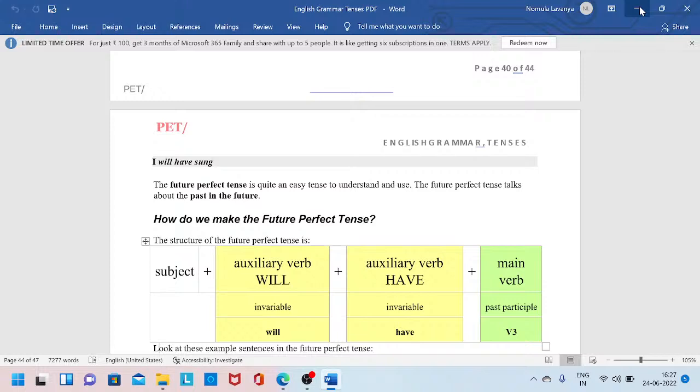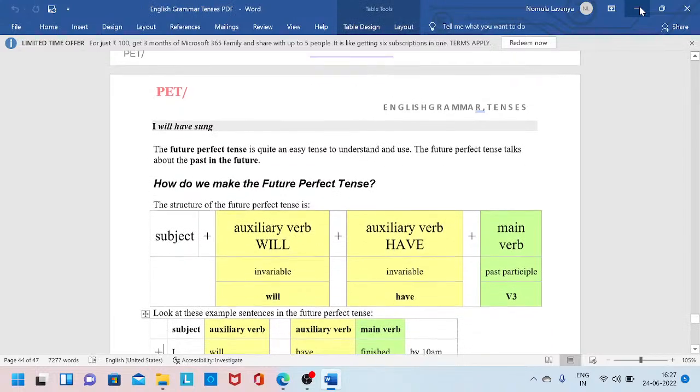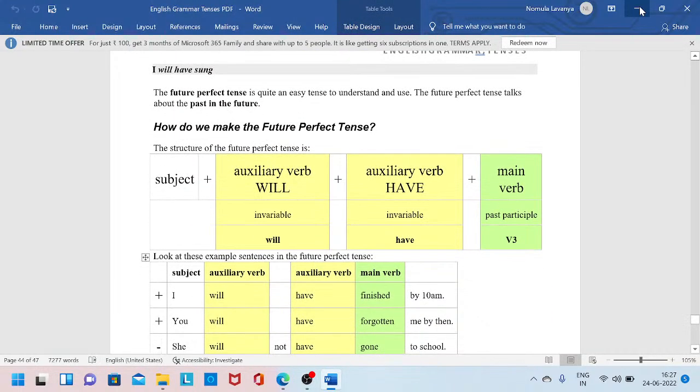Subject plus auxiliary verb, that is will, and here the auxiliary verb has changed: will plus have. So it's invariable, will and have, plus main verb, the past participle V3. So look at the sentence: I will have finished by 10 a.m. See, it is talking about the future, but the verb formation is already done.